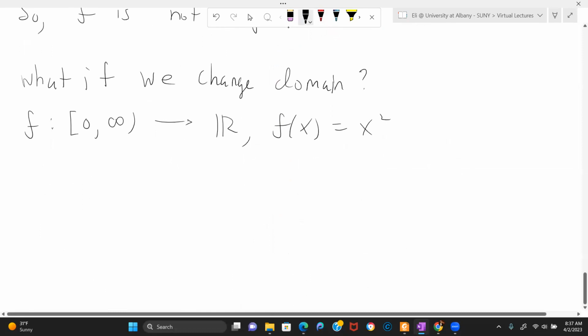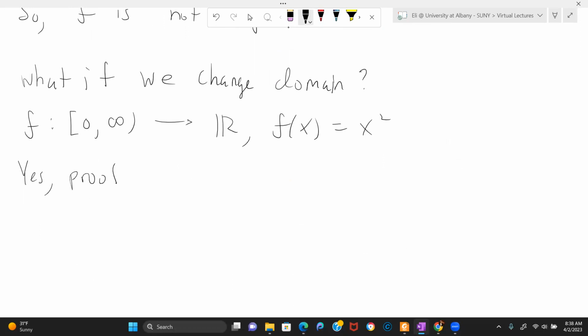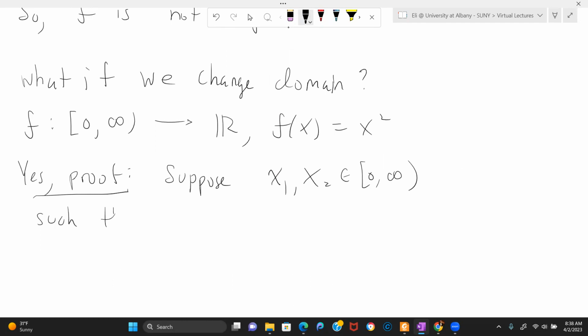And it's not hard to prove it rigorously from the definition. So the answer is yes, and here's the proof. Suppose x1 and x2 are in here such that f of x1 is equal to f of x2.